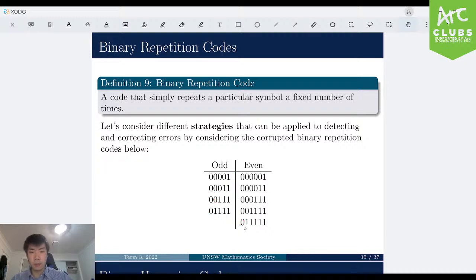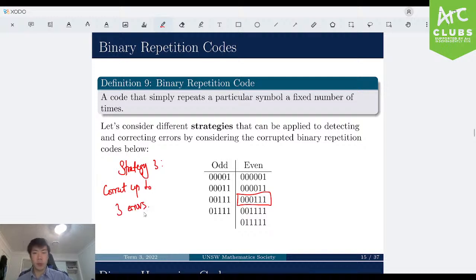And lastly, I wanted to make an extra note here. In this even case here, this here kind of causes a problem for us. Because you could say, okay, we adopt strategy 3, which says we are happy to correct up to 3 errors.